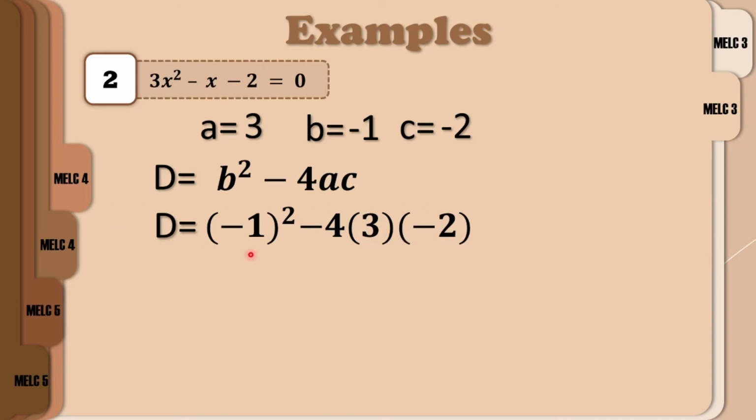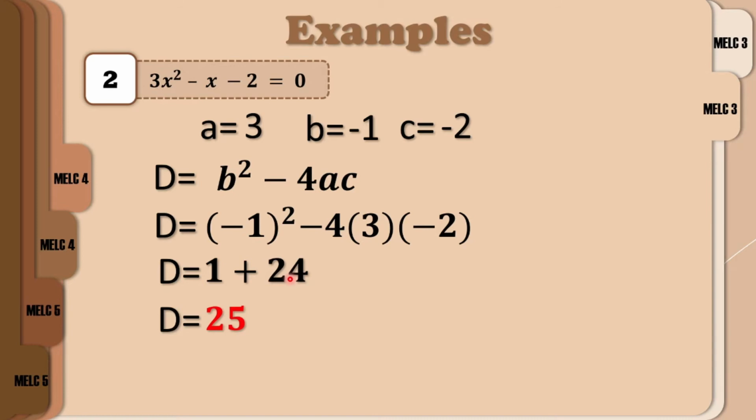So, simplifying this equation, okay, it will become 1 plus 24. So, saan to nakuha tong 24? Because negative 4 times 3, that is negative 12. Negative 12 times negative 2, that is positive 24. So, solving this equation, 1 plus 24, so our D is equal to 25.